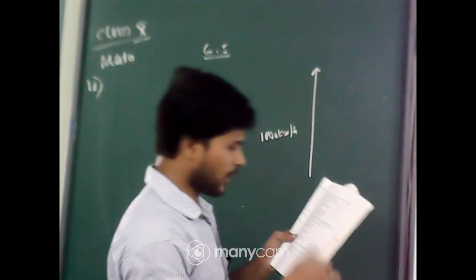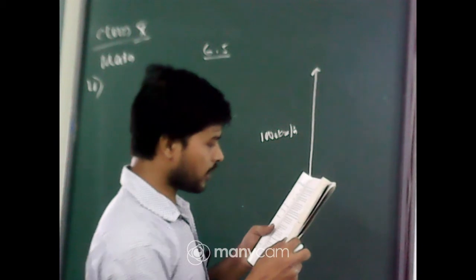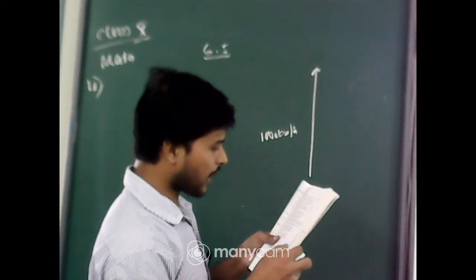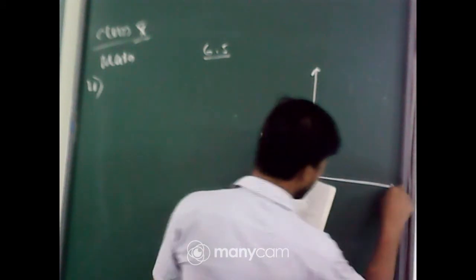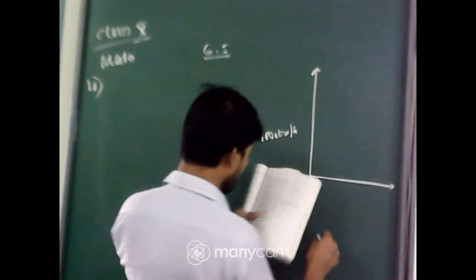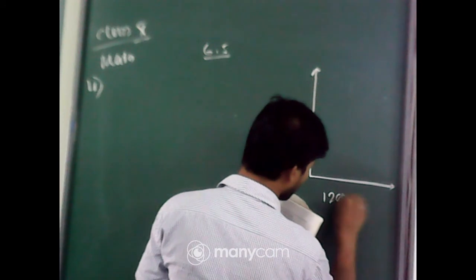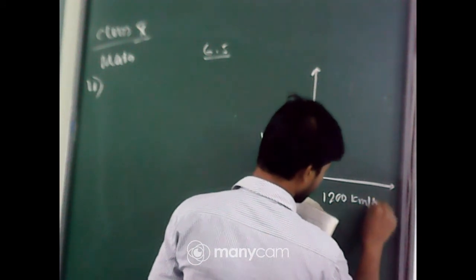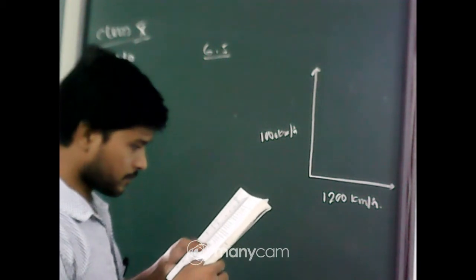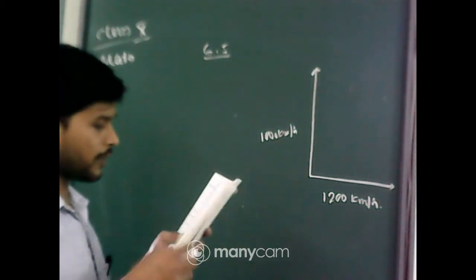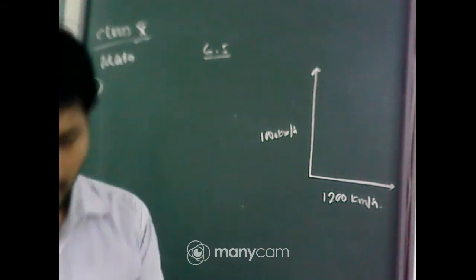And at the same time, another aeroplane leaves the same airport and flies due west. West means this direction, with a speed of 1200 km per hour. How far apart will the two planes be after 1.5 hours?